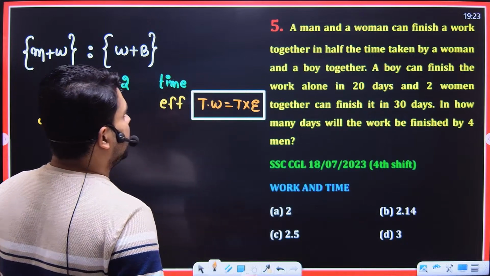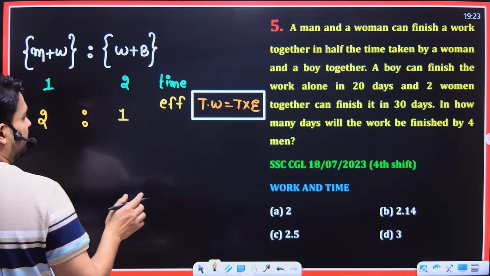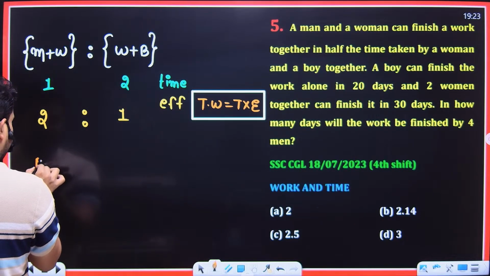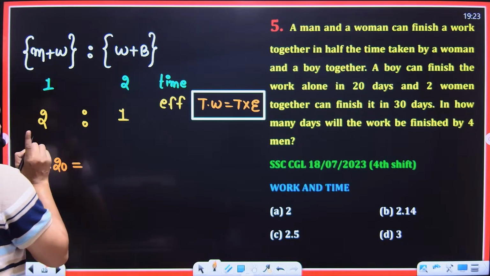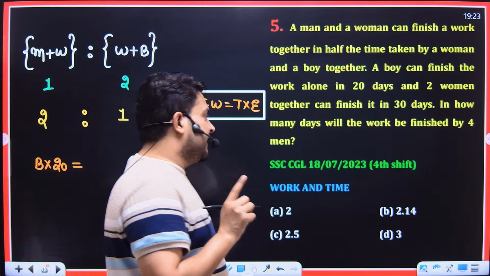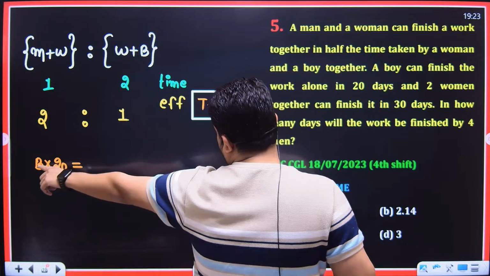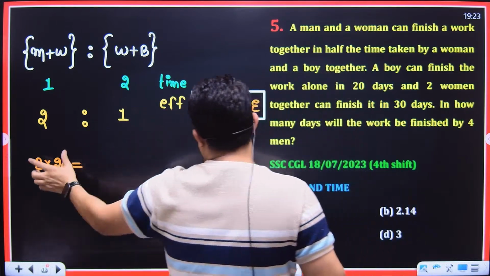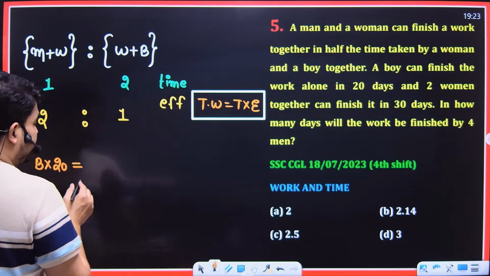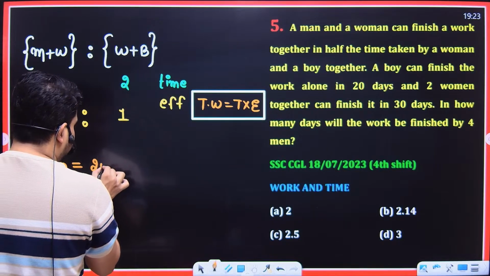It is given that a boy can finish the work alone in 20 days. Suppose B is the efficiency of a boy, and he takes 20 days. Whenever I multiply efficiency into time, I have the total work. But this can be done by two women in 30 days.